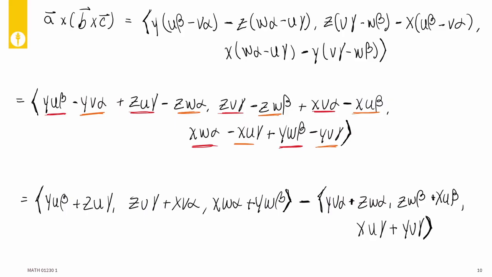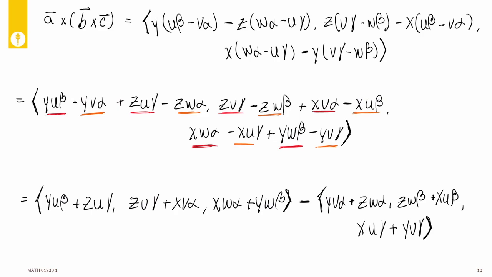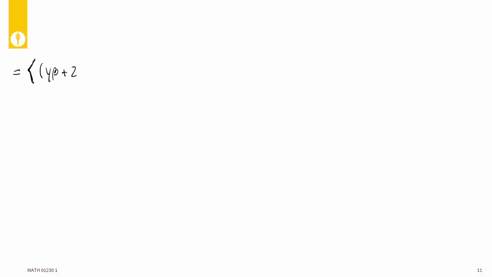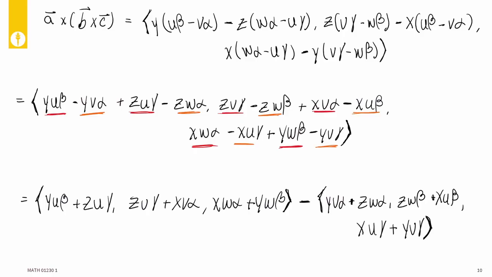Notice in the first vector, the first two terms have a u in common. Left with y beta plus z gamma times u.